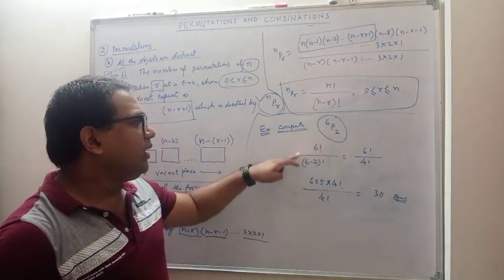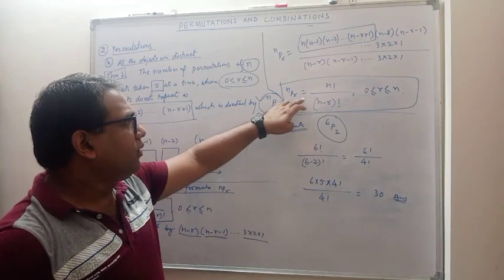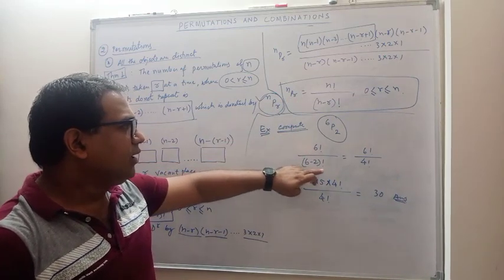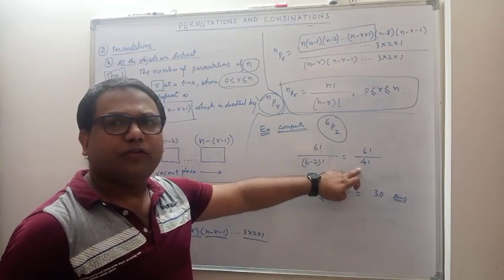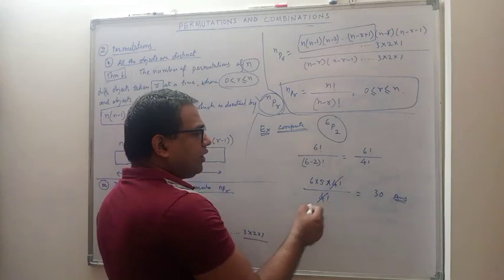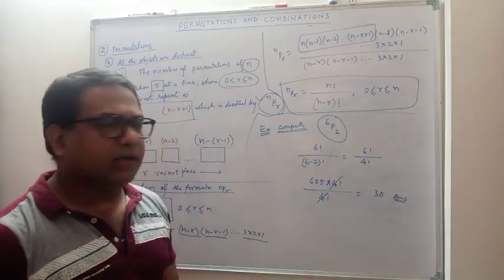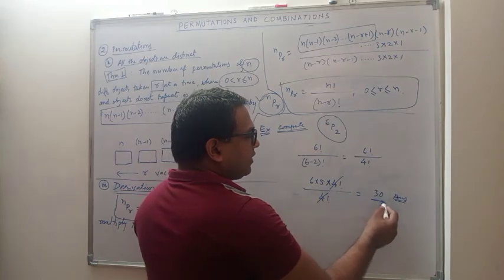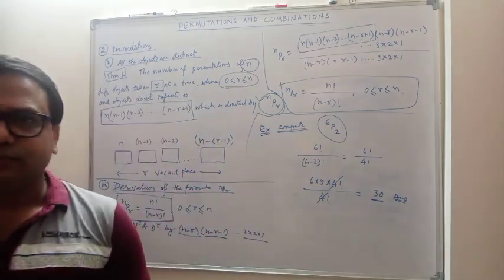So 6 factorial divided by 4 factorial. I can write 6 into 5 into 4 factorial, and 4 factorial gets cancelled out, and 6 into 5, that is 30, our answer.